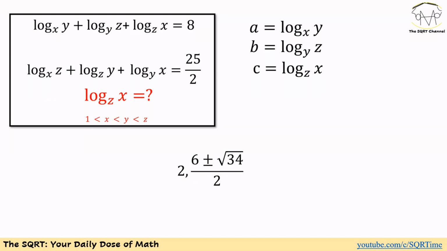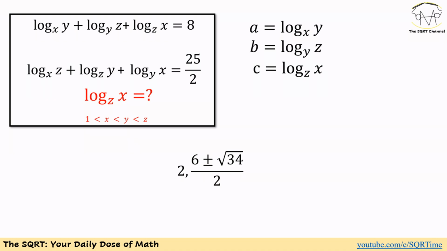Now let's go back to the original problem that we wanted to solve. We have it here. We wanted to find log of x in base z. And if you verify, you can see that log of x in base z is basically the c value that we wanted to find. We showed that a, b, and c are the roots of the polynomial that we had.